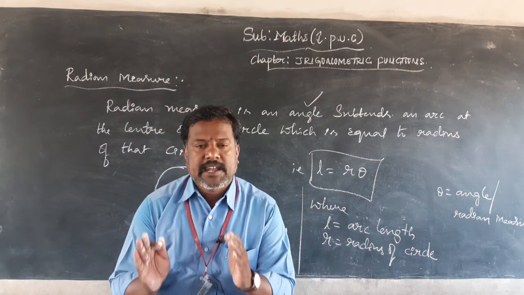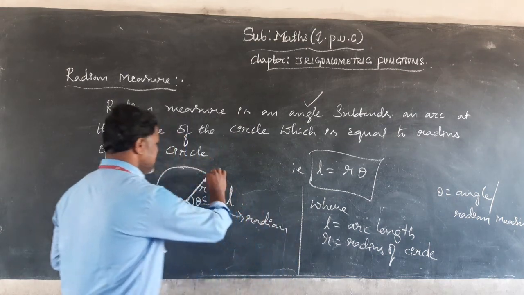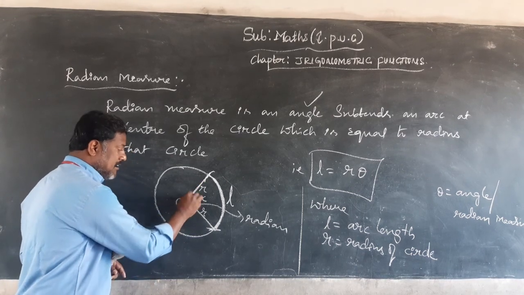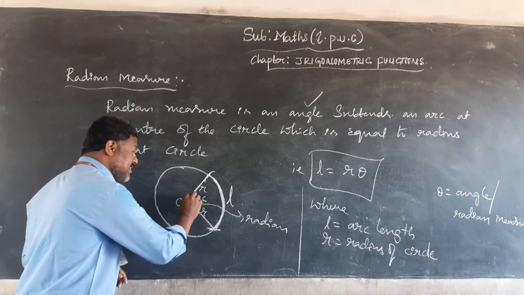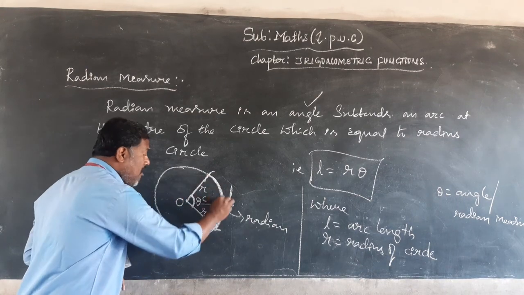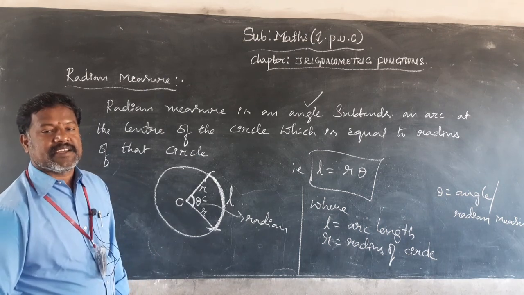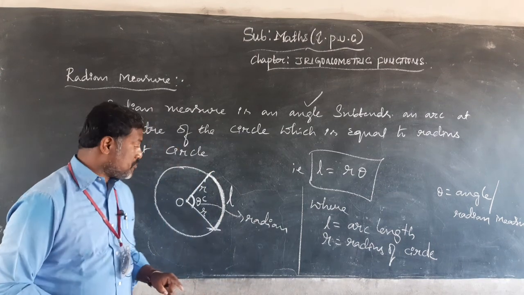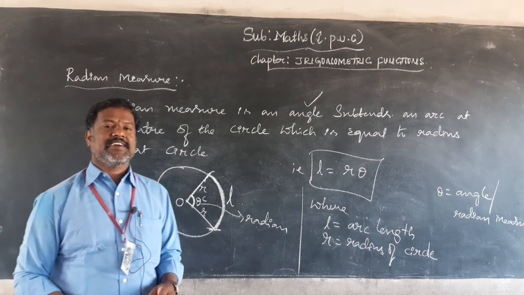Radian measure is an angle subtended at the center of the circle by an arc which is equal to the radius of the circle.